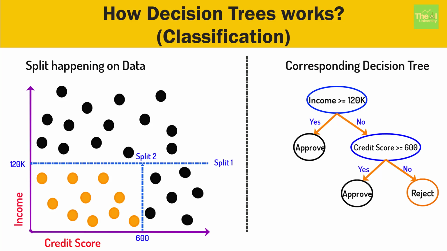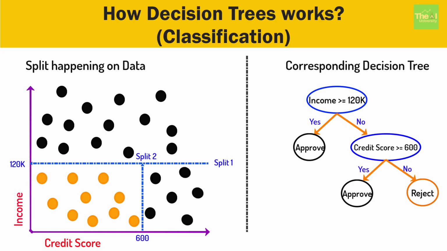So if the credit score is greater than or equal to 600, then the value of the target variable loan decision would be approved. If the credit score is less than 600, then the value of the target variable loan decision would be rejected. So these leaf or terminal nodes represent the predicted class.